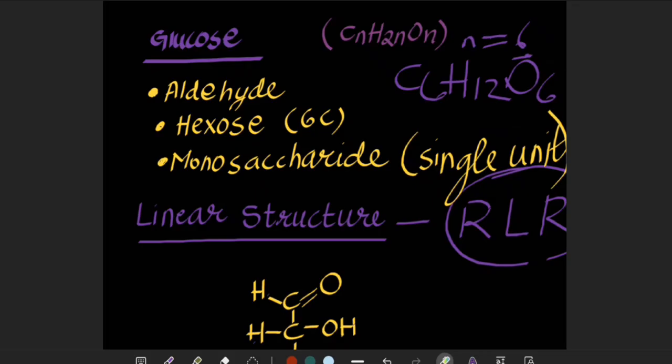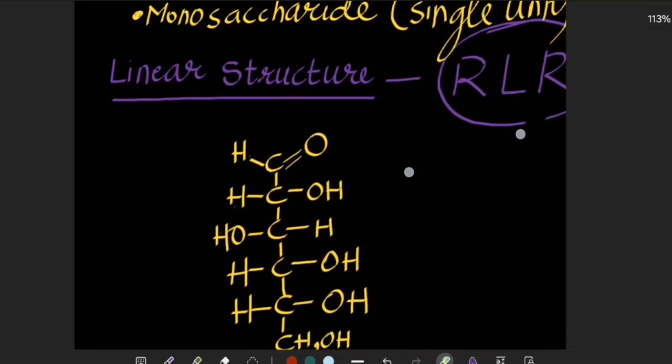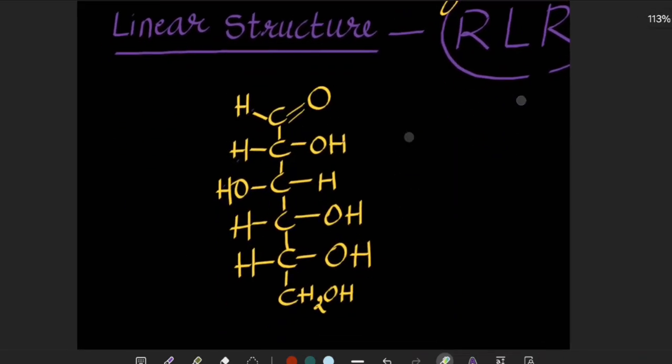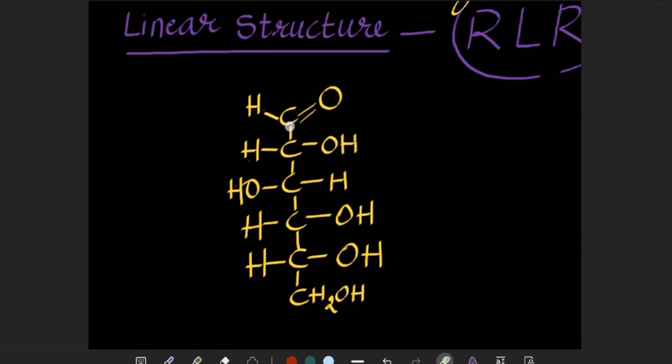Now, when we talk about the linear structure of glucose, we can see that there are 6 carbons: carbon 1, 2, 3, 4, 5, and then 6. Because the molecular formula of glucose was C6H12O6, right? So there are 6 carbons, we already counted.